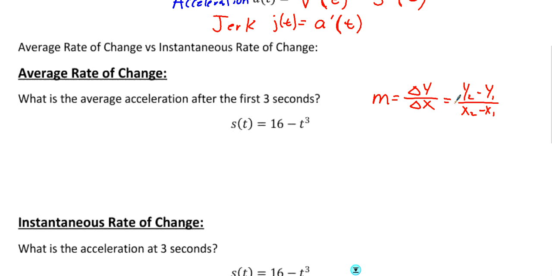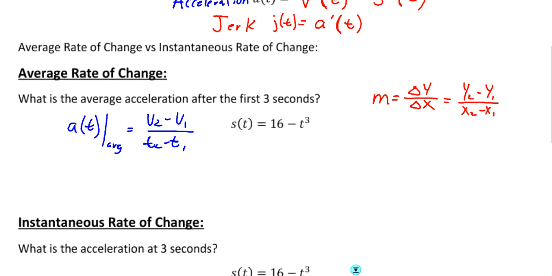So average acceleration, a of t, the average acceleration, is v2 minus v1 over t2 minus t1. Okay, so that's what we use for average acceleration, which means we need the velocity equation.